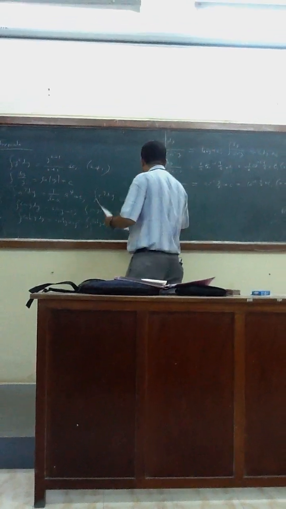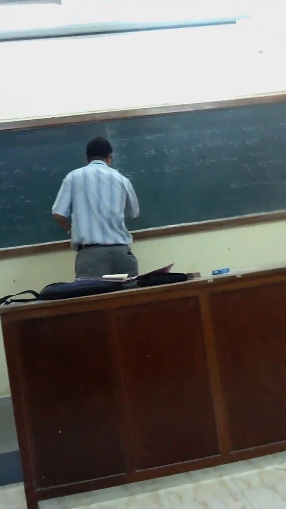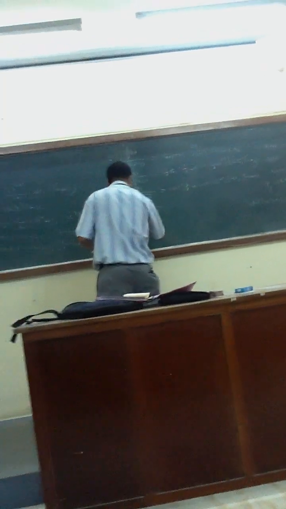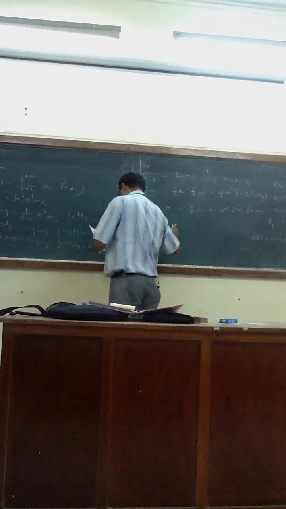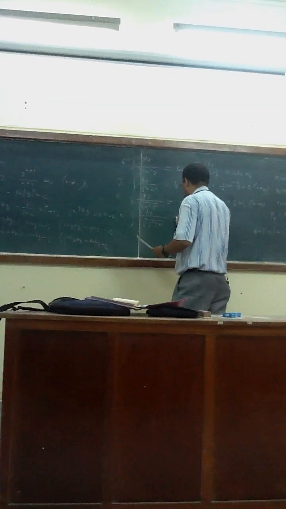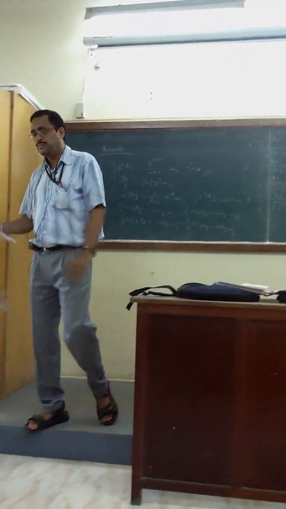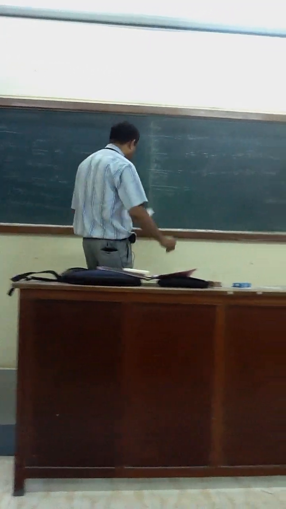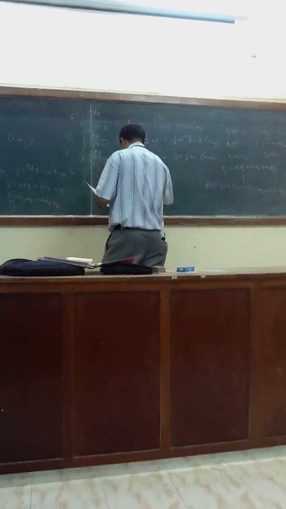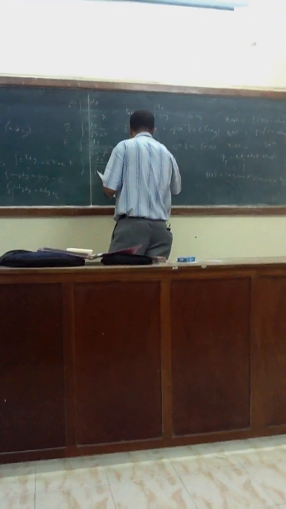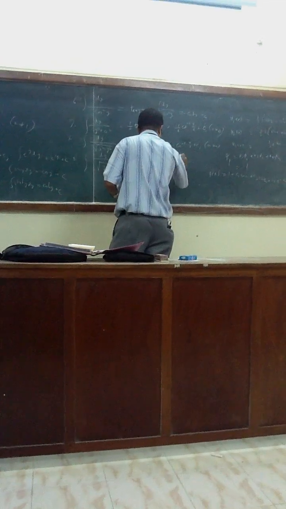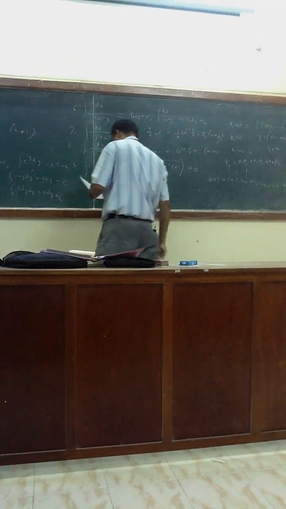Number 9, integral dy/sqrt(y^2 ± a^2) equals, who can give me the formula? Of course you may not remember, because it is a complicated formula. We have done it earlier: ln|y + sqrt(y^2 ± a^2)| plus c.